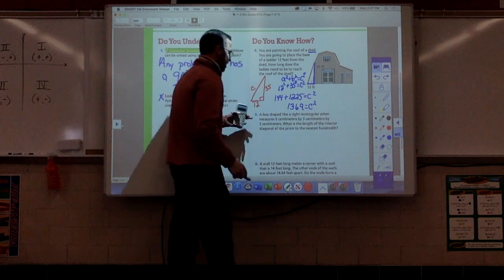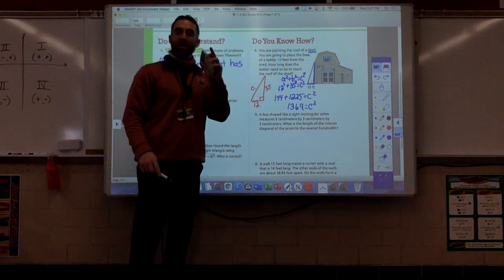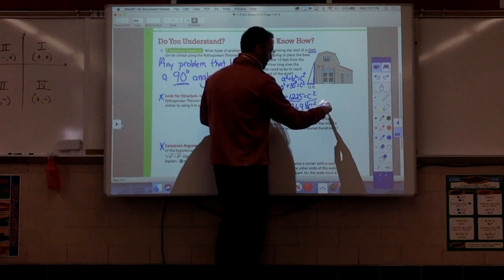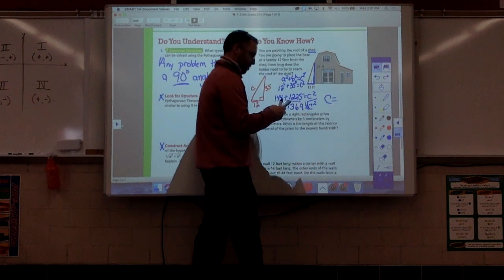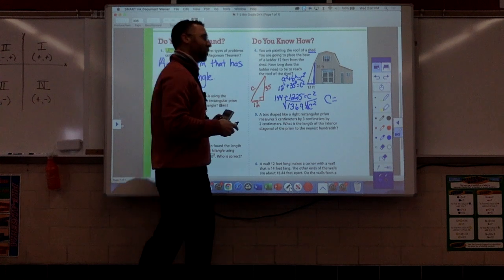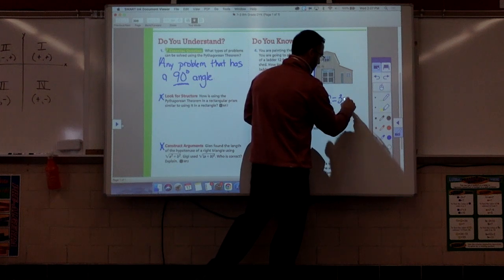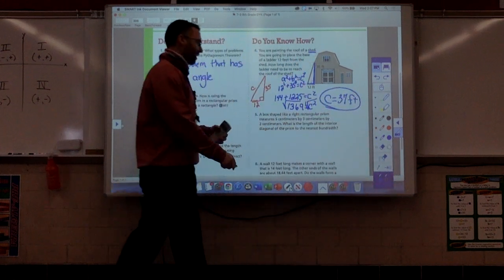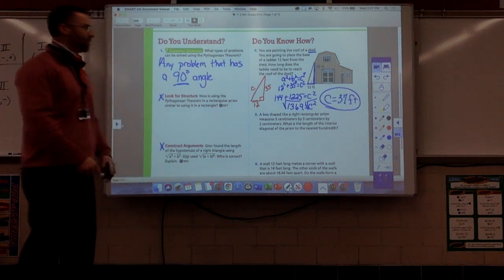Holy smokes, that ladder's got to be 1,369 feet. No, it doesn't. Find the square root of both of those. The square root of 1,369 is a cool 37 feet. That ladder has to be 37 feet long.